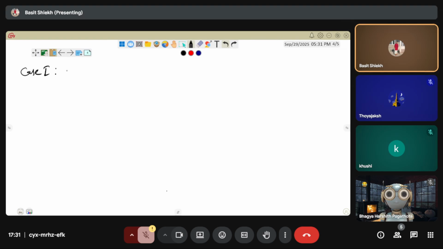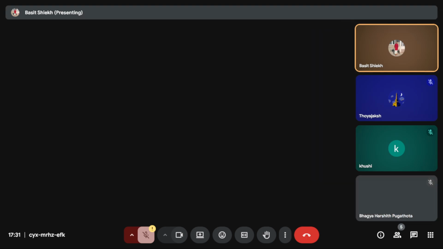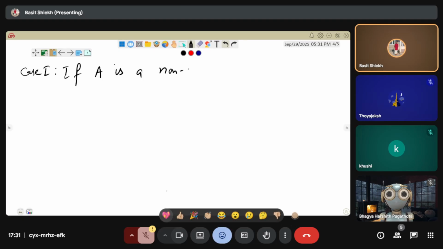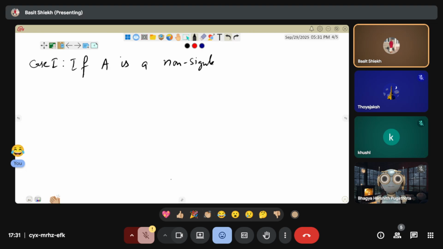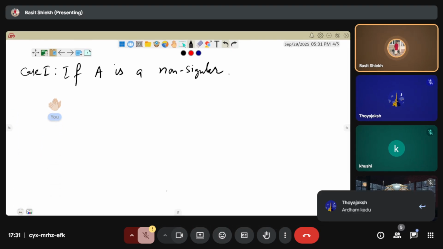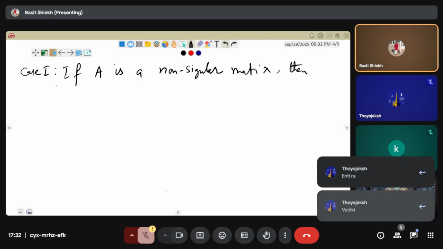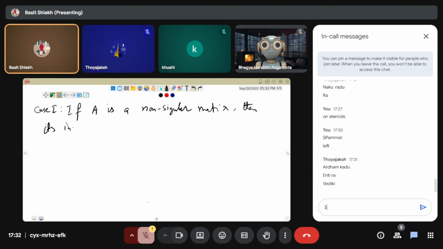Case first. If A is non-singular, a matrix A is either singular or non-singular. If it is a non-singular matrix, then obviously its inverse exists.